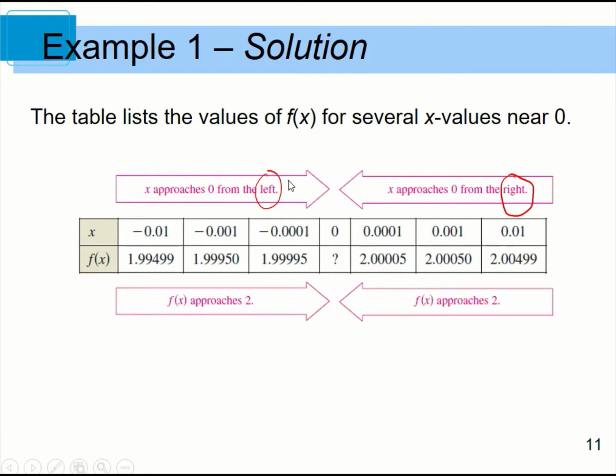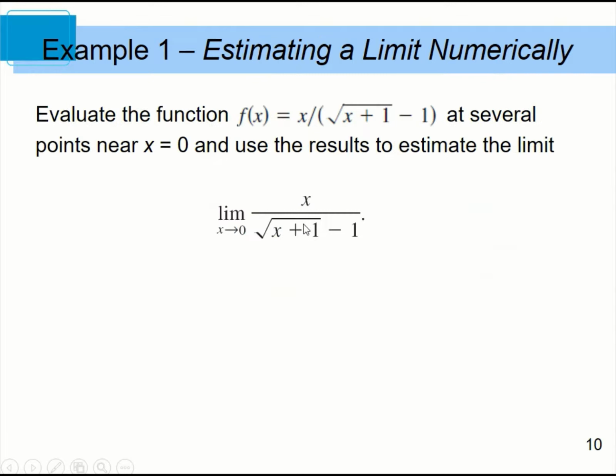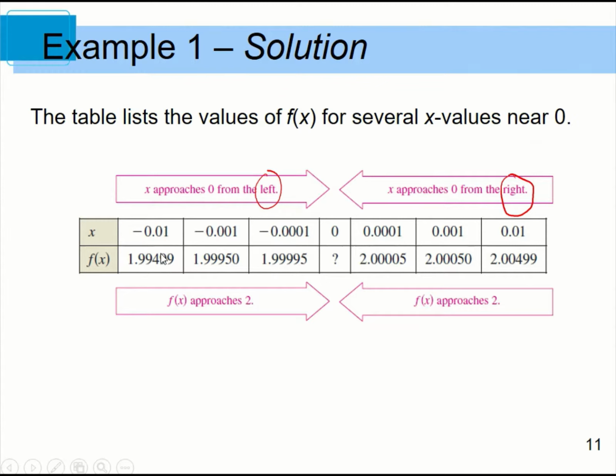From the left hand side, we can start with negative 0.01, negative 0.001, and negative 0.0001. We substitute the value into the equation here, for example x is negative 0.01, then we perform the calculation and get the value of y.